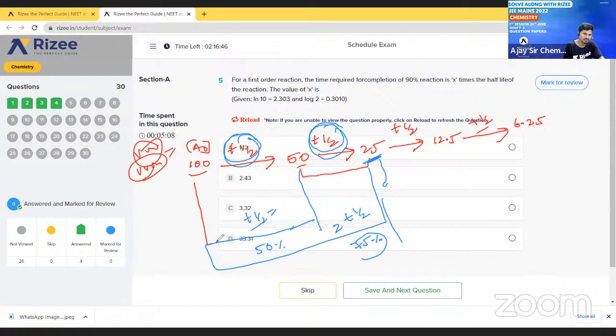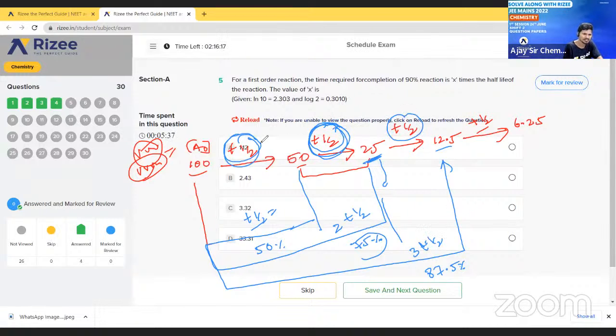If you complete 75% plus this 12.5, that means 87.5% of the reaction is completed. Then what is the half-life? 3 into T half. This is one T half, this is another T half, this is another T half. So 3 T halves.